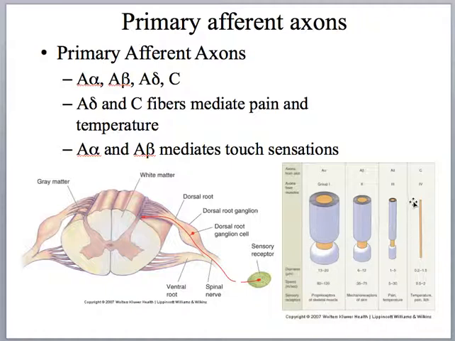Your C fibers are unmyelinated. The A delta are lightly myelinated, and as you go from the A beta to the A alpha, you see an increase in myelination. Increased myelination also affects the conduction of the action potential. So the more heavily myelinated, the faster the action potential propagation.